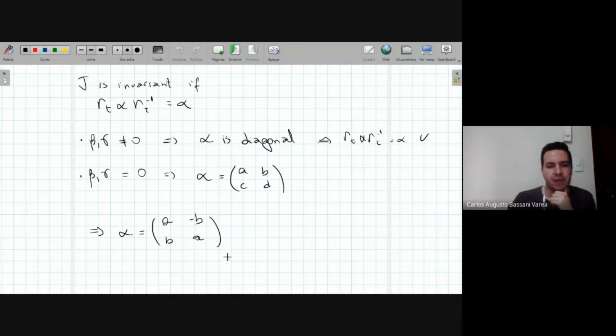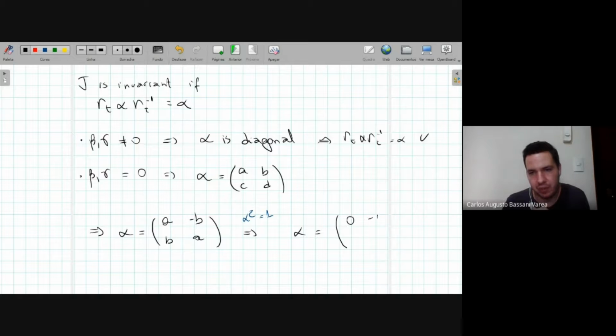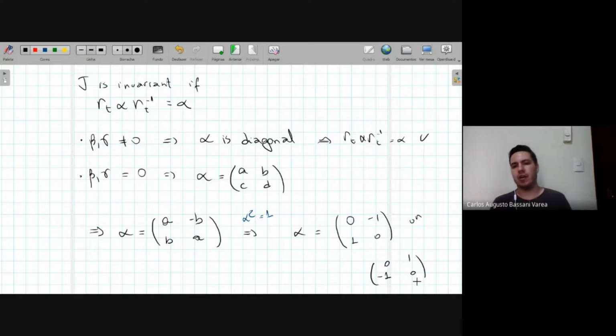So if we compute alpha squared and ask it to be minus 1, we obtain that alpha is equal to the matrix 0, minus 1, 1, 0, or 0, 1, minus 1, 0. Which is equivalent to saying that alpha is plus or minus this expression here.